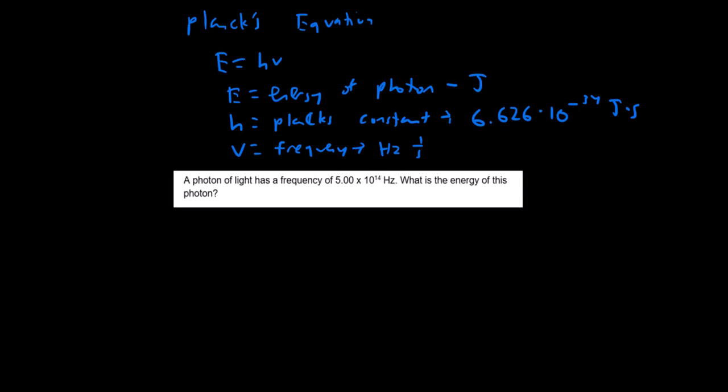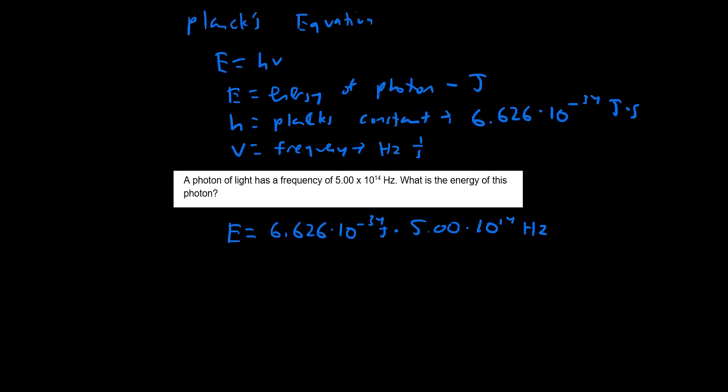So now we're going to do a practice problem. This question asks for the energy of the photon and it gives us the frequency. So the energy is going to equal Planck's constant, which is 6.626 times 10 to the negative 34 times the frequency, which it gives, 5.00 times 10 to the 14th hertz.